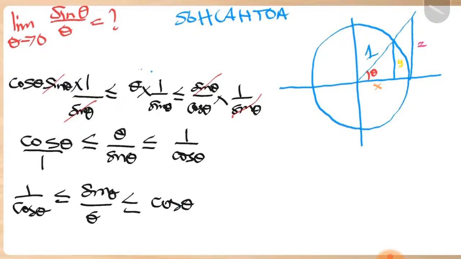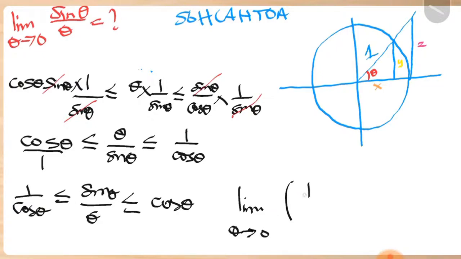Now let's take limits as theta approaches 0 of both sides. So we have the limit as theta approaches 0 of everything.